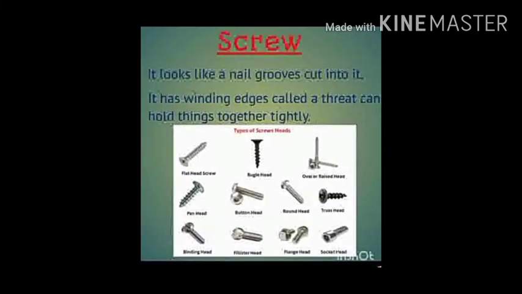The next thing is screw. It looks like a nail with grooves cut into it. It has winding edges called a thread. It can hold things together tightly. My dears, I hope you have all seen these types of screws which are familiar to you in your homes.